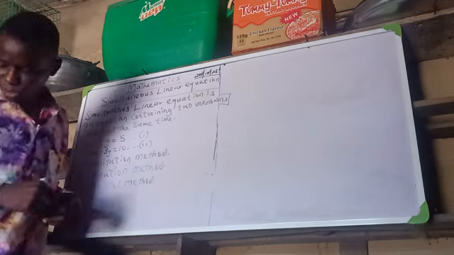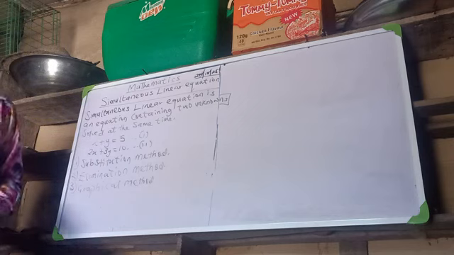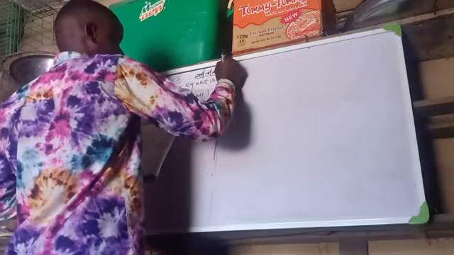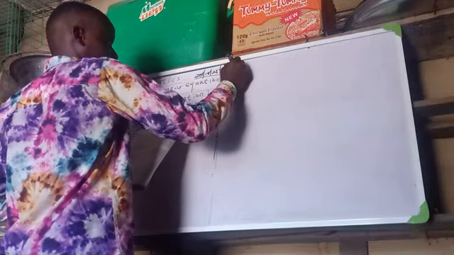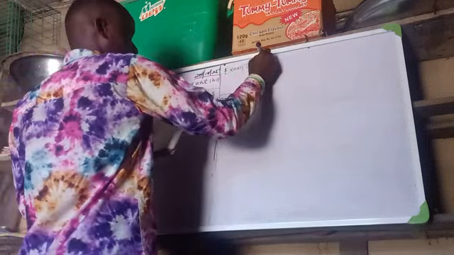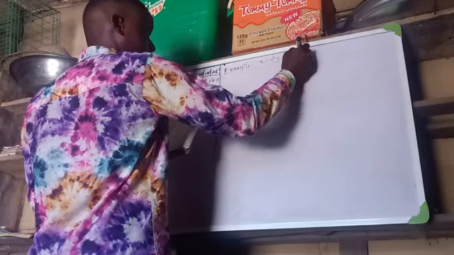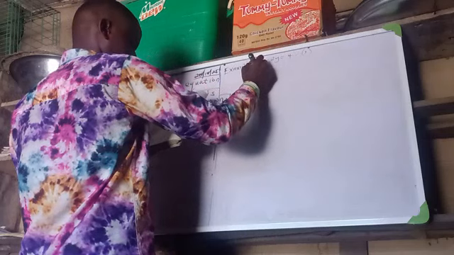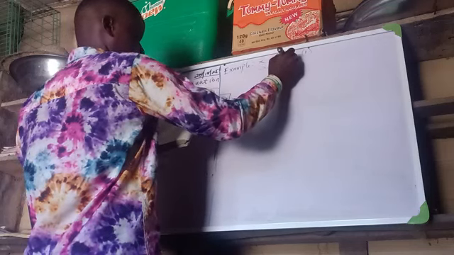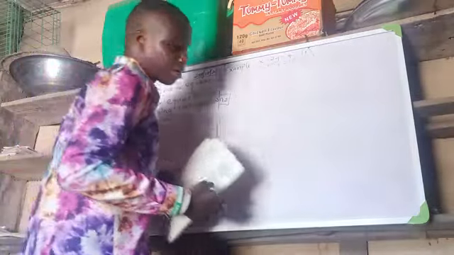Alright, so let's look at some examples. We will make use of the two approaches, right? We have x minus 2y equals 4, and then 2x plus 5y equals 17 is equation 2, right? So these are the two equations now.